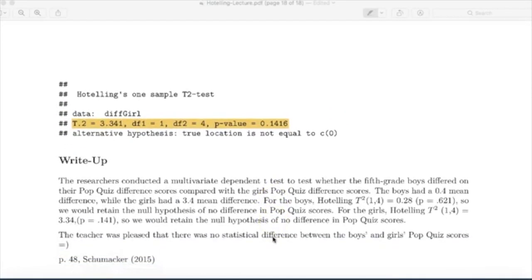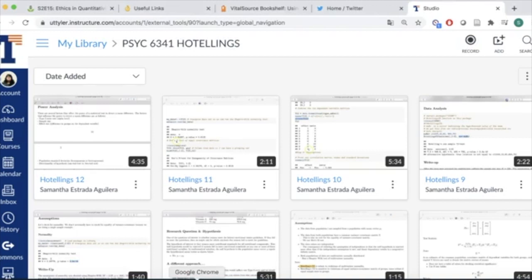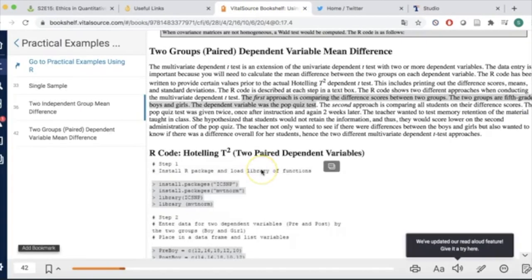And here I have the write-up, and I gave the page number if you want to look at how Schumacher describes it. So things to remember, I just compare the differences in the scores for girls to a null, and then the differences in the scores for boys to a null. Your textbook has a second approach.